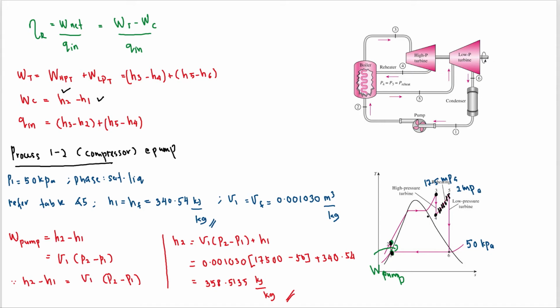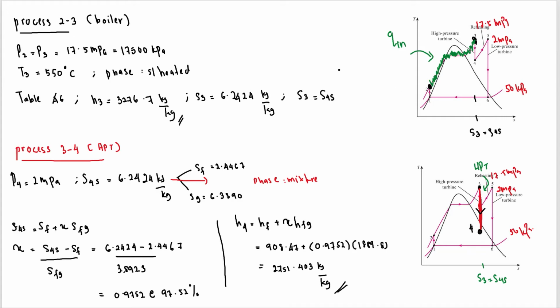process 2 to 3, which is in a boiler. If you can see at the T-S diagram here, the color in green is the boiler and the pressure is 17.5, which means P2 is equal to P3 is equal to 17.5.